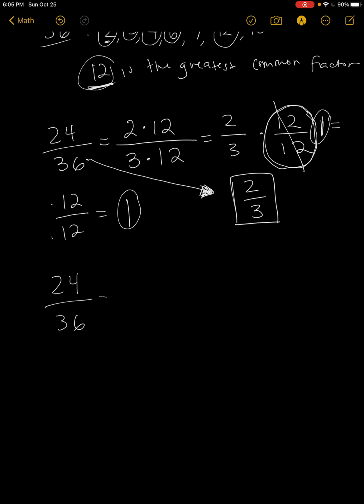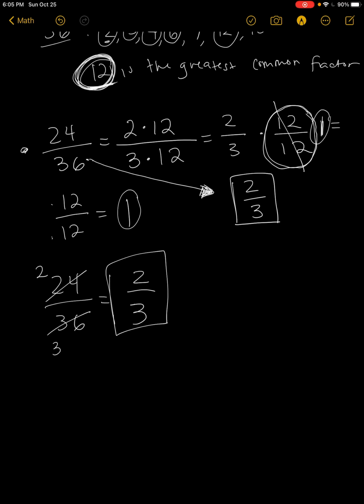Some people like to do it this way, and I'm hoping this is all review, because there's no variables yet. Some people just do it more in their head. So we know 12 is the greatest common factor, so 24 divided by 12 gives me 2, 36 divided by 12 gives me 3, so I have 2 on the top, 3 on the bottom.